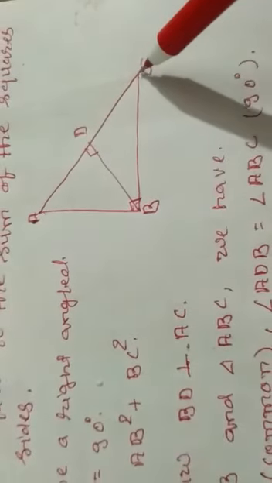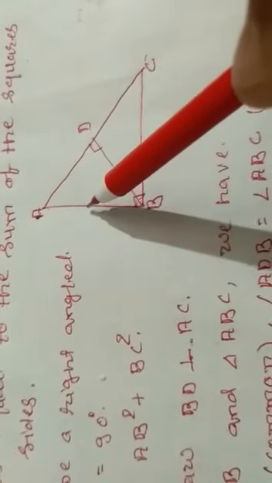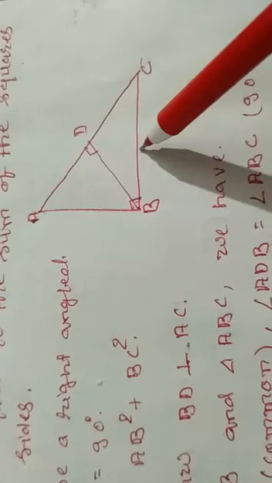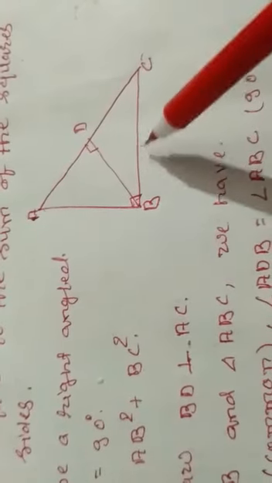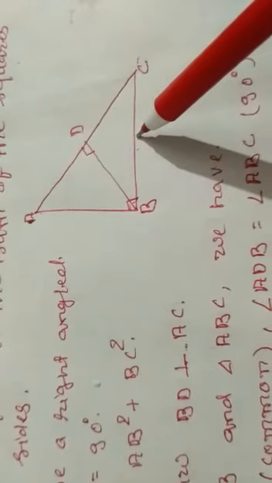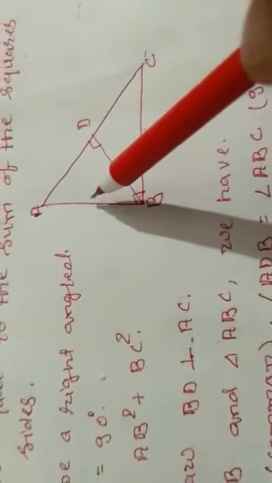And the other two sides which form the 90 degree angle are called either perpendicular or base. It may interchange. Any one can be taken as perpendicular and the other as base.